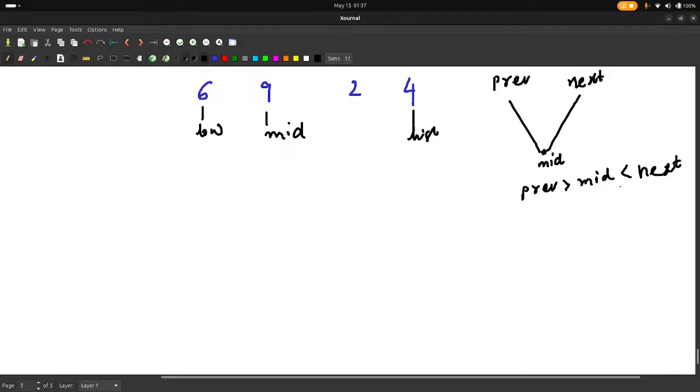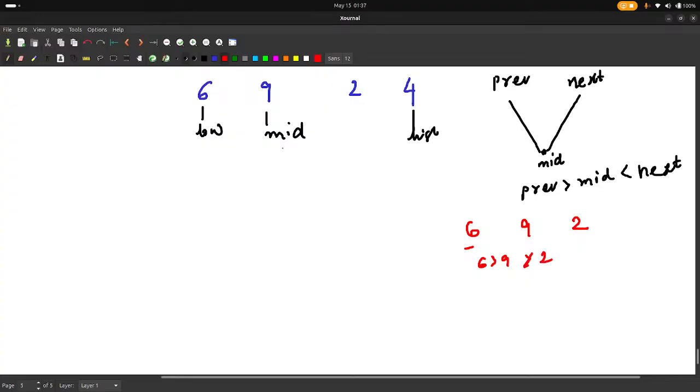Considering this trio, 6, 9 and 2: 6 is greater than 9 but not greater than 2. So this is not my answer.